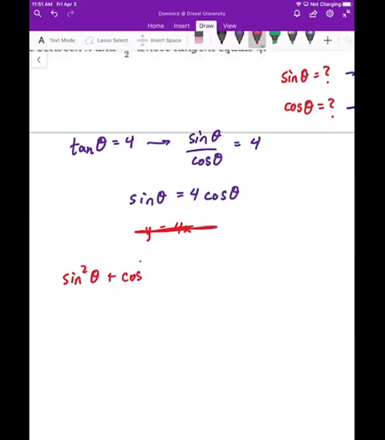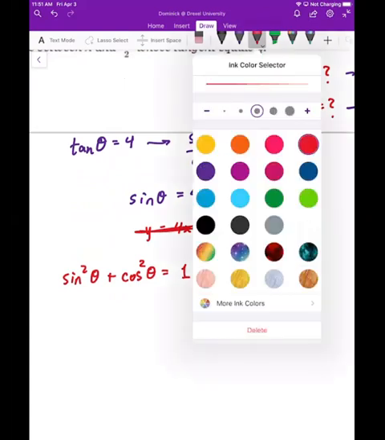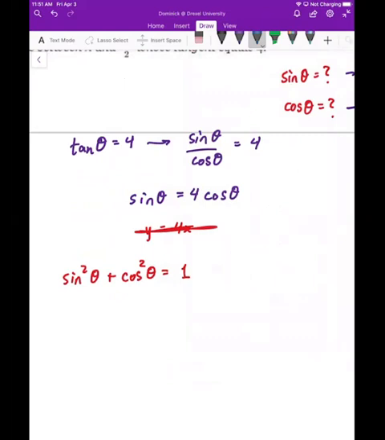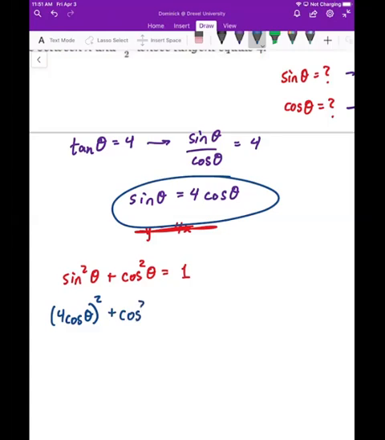We know that sine squared plus cosine squared is equal to 1. And of course, we can use this relationship to solve this. So I'm going to plug in a 4 cosine of theta for my sine and solve for cosine here.